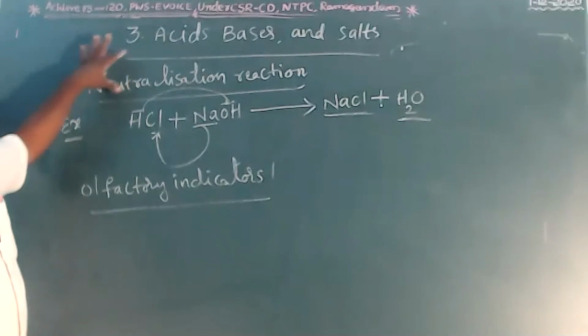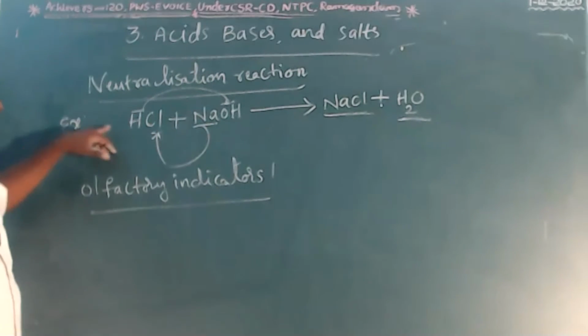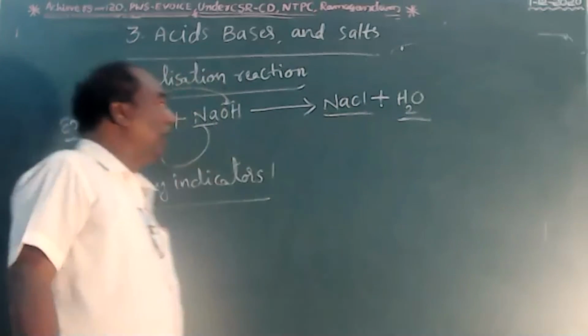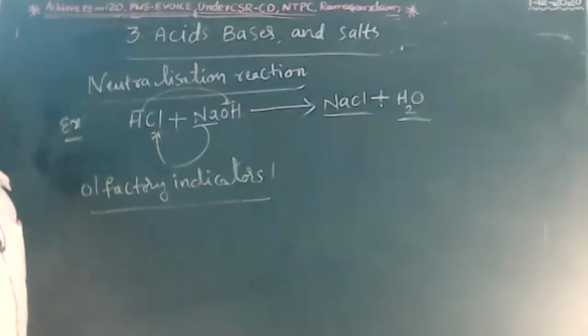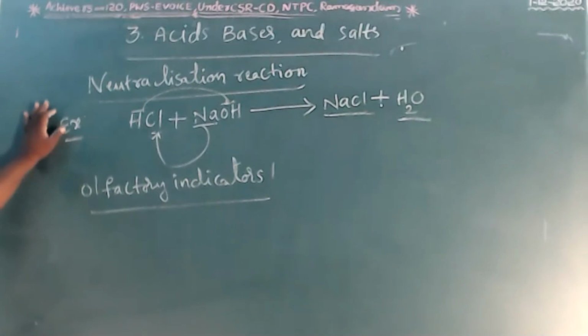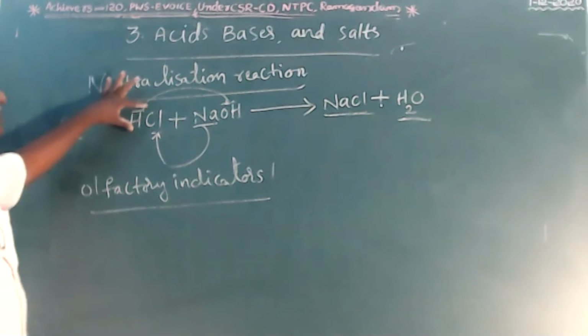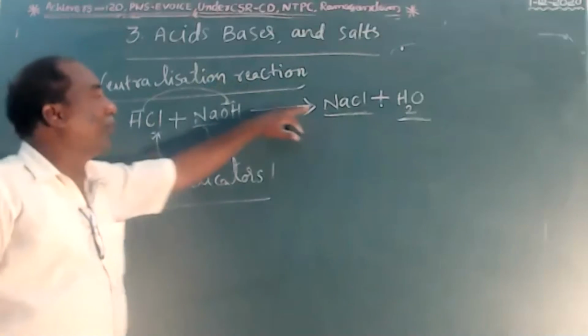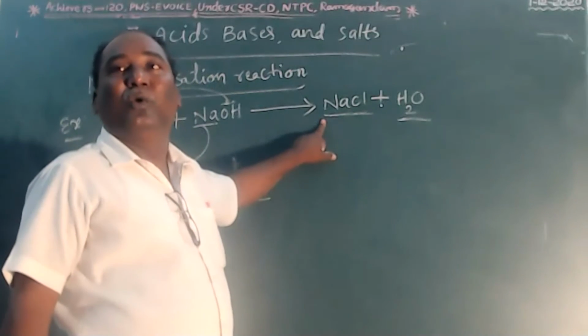And neutralization reaction, understood children? Acid reacts with the base to form salt and water. It is called a neutralization reaction. In this, HCl is the strong acid and NaOH is the strong base to form salt and water.